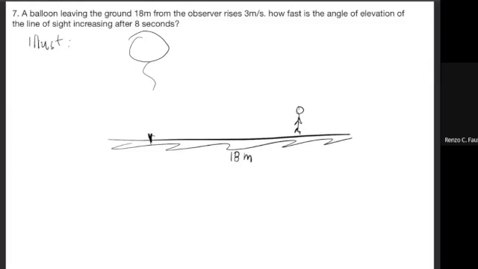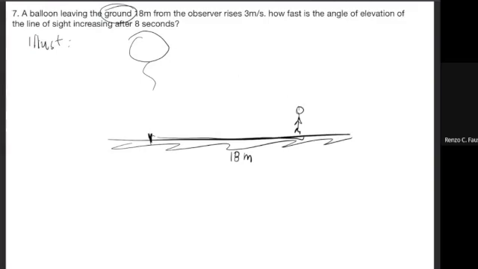That's how you analyze problems, based on the questions. A balloon leaving the ground 18 meters from the observer. So it shouldn't be this, but this one, because we have the ground as reference.